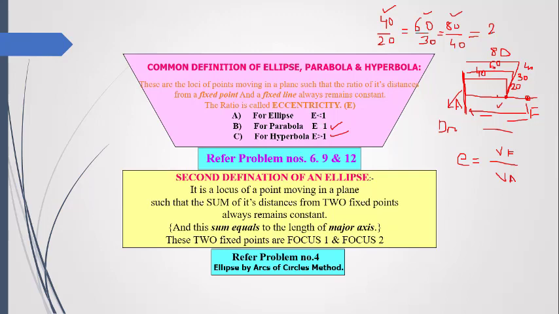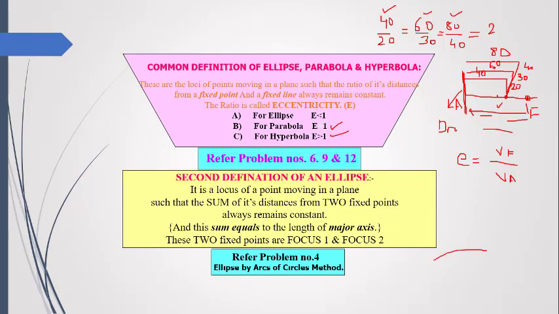It is the second definition of an ellipse. It is a locus of a point moving in a plane such that the sum of its distances from two fixed points always remains constant, and this sum equals the length of the major axis. These two fixed points are focus 1 and focus 2.